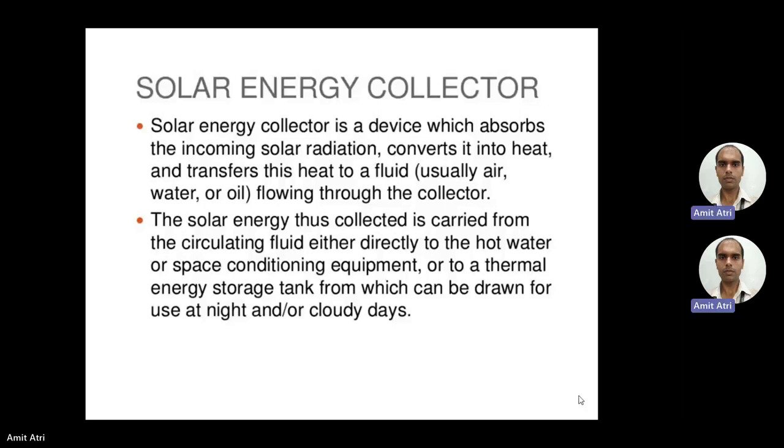Then high temperature collectors concentrate sunlight using mirrors or lenses. We need mirrors or lenses so as to concentrate the sunlight at some particular area or point, so the temperature can go beyond 400 degrees Celsius. Up to 400 is medium, 150 to 400, and more than 400 is high temperature.